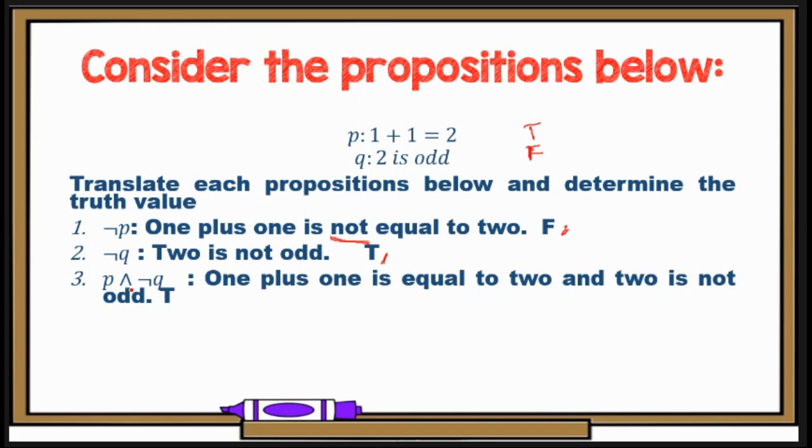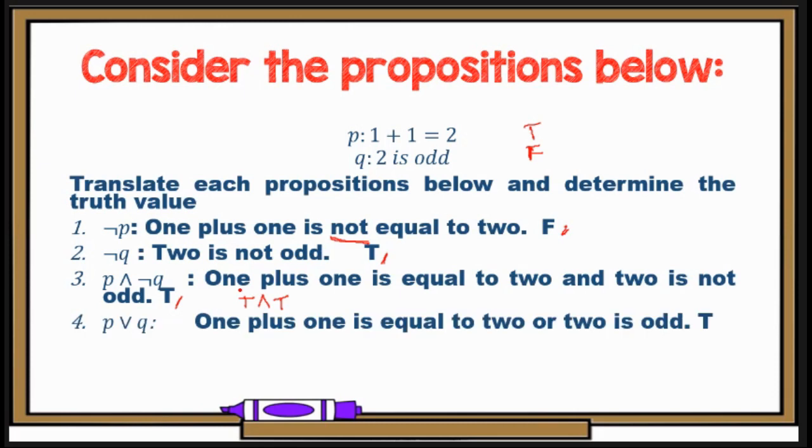Next, P and the negation of Q. 1 plus 1 is equal to 2, and 2 is not odd. We are going to have true and true. When you have both propositions true, then the conjunction will be true. You can always go back to your truth table if you get confused.